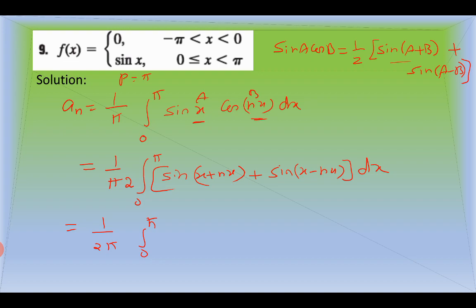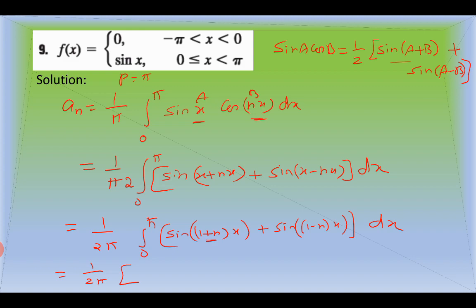1 over 2 pi, integration 0 to pi, what we get is sin 1 plus n times x plus sin 1 minus n times x dx. So integrate it, you will get 1 over 2 pi from this one.